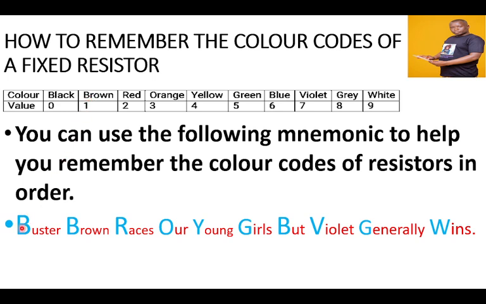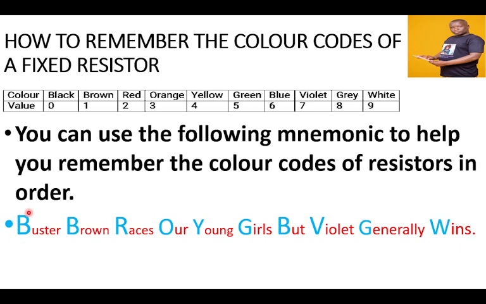So I'll read this again. Buster Brown races our young girls. To race means to chase them or to compete with them in a race. But here, Violet generally wins. In general, Violet is the one who wins all the time.